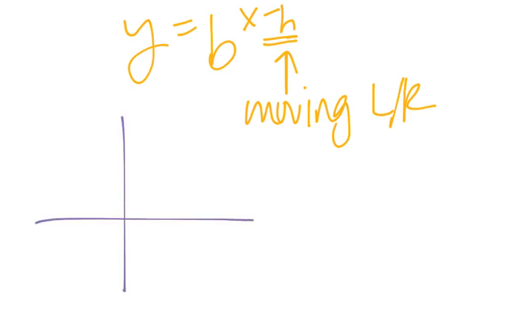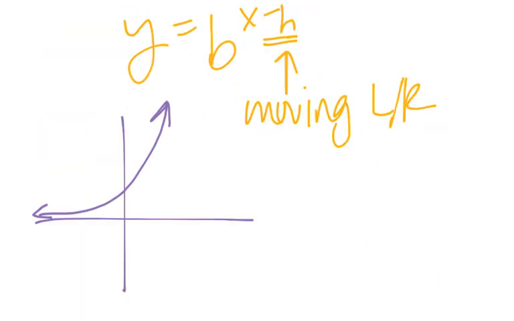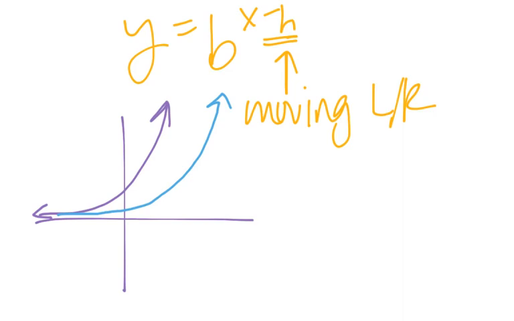It will look something like this is your original. Then right 3 was in blue. So it should look something like that. And we did left 1 in green. So something like this.